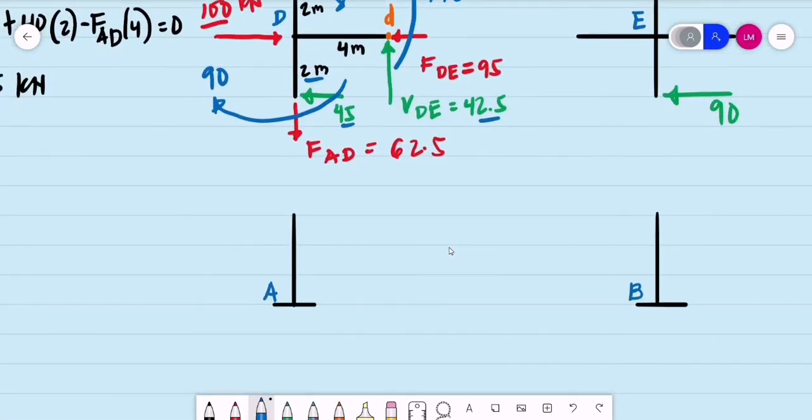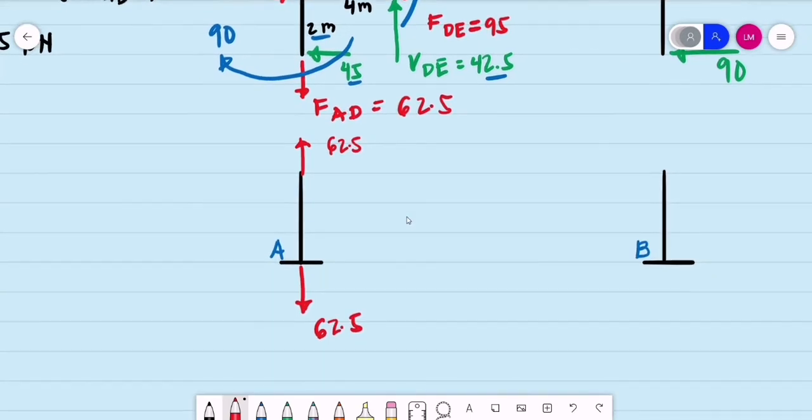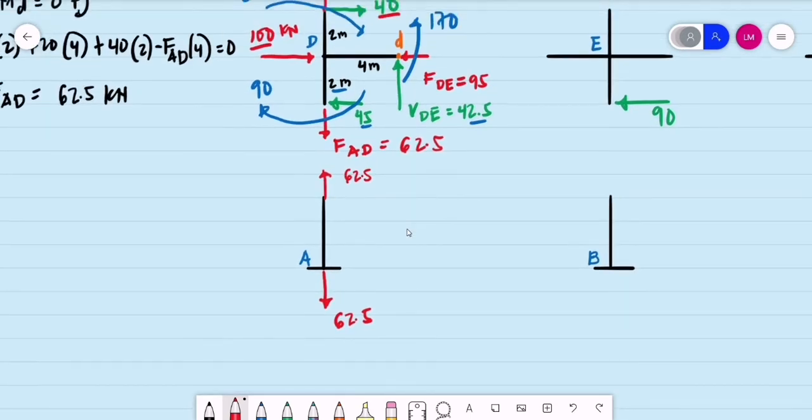The next is at base A, transferring the values considering the opposite direction for forces. This is now upward, 62.5 kilonewtons. So therefore, the vertical reaction at base A should be equal to 62.5 kilonewtons downward. Then for the shear, this is 45 kilonewtons to the right.